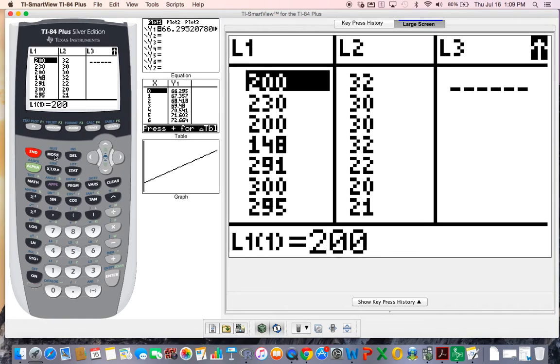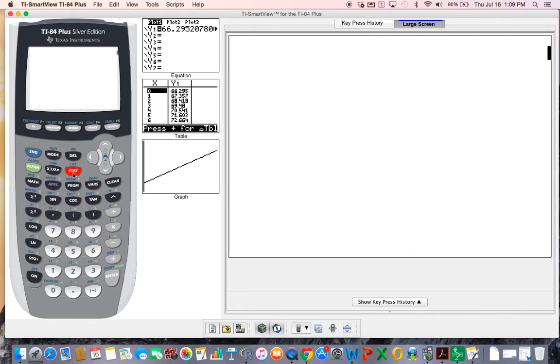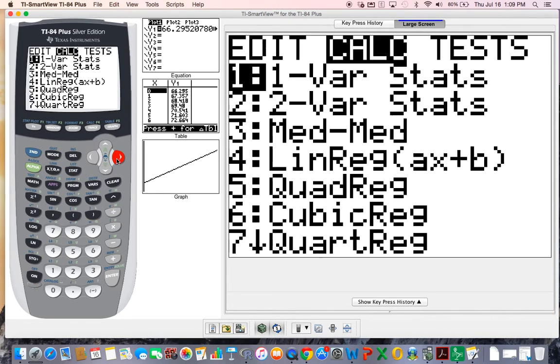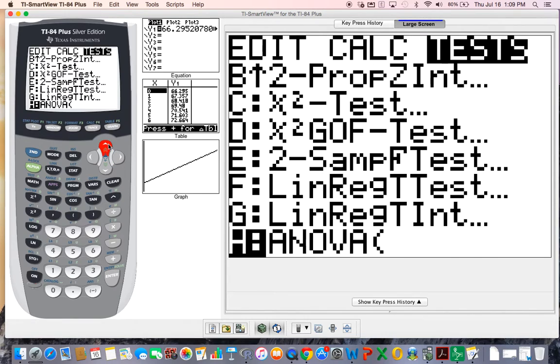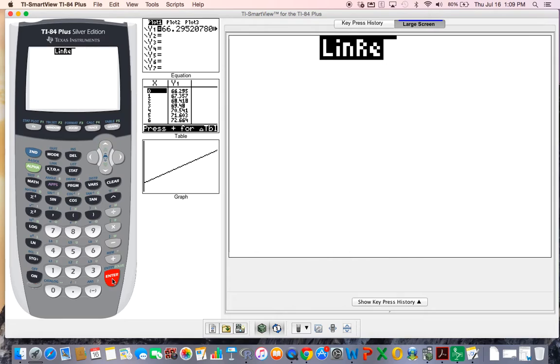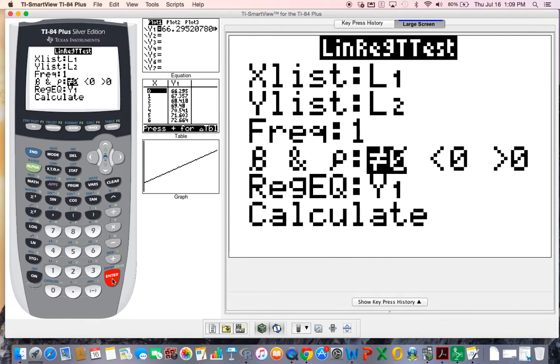So guys, I'll go second function quit, and then go into stat, and just like before, I want to go over to test, and go to linear regression t-test. So I've got my data. X is in L1, I've got my Y's in L2. Remember from last time I had you put Y1 in regression equation, so you should have that there.